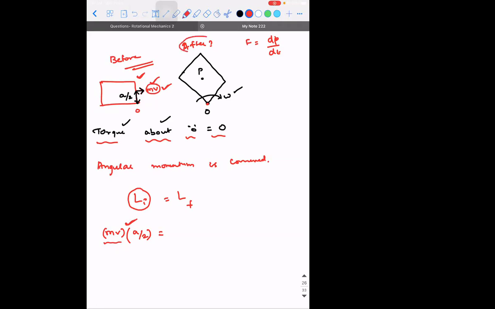But after collision, the object is set into a pure rotational condition, accepted. So when it comes to pure rotation, the angular momentum is given by the moment of inertia multiplied with the angular velocity omega. In this question, the challenging part is to find out the moment of inertia about point O. How do I find it?